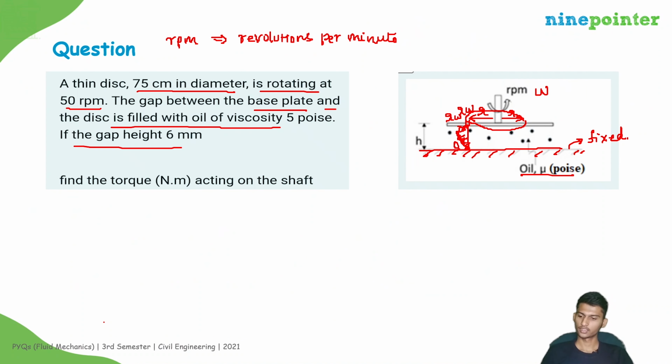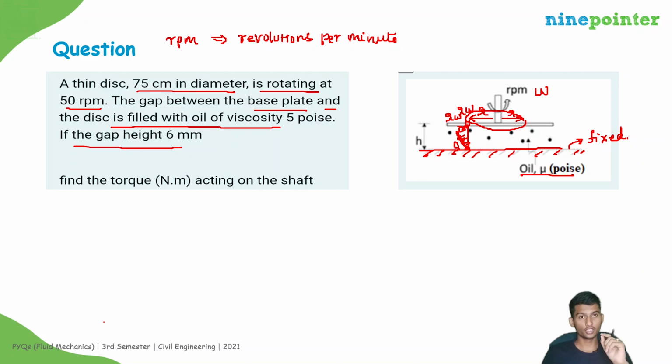Let us discuss that. See, you are trying to rotate the disc on the fluid. So when you are trying to rotate the disc, the fluid particles attached to that disc will also try to rotate. Because of that, the fluid particles will experience shear force, right?